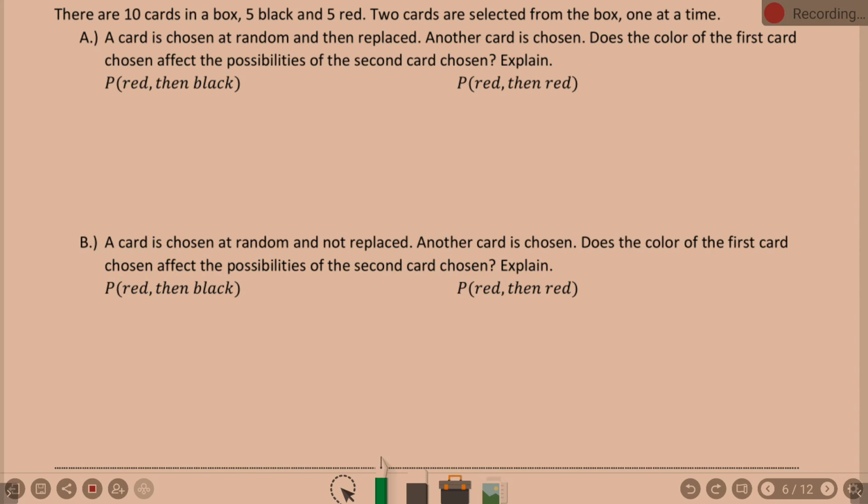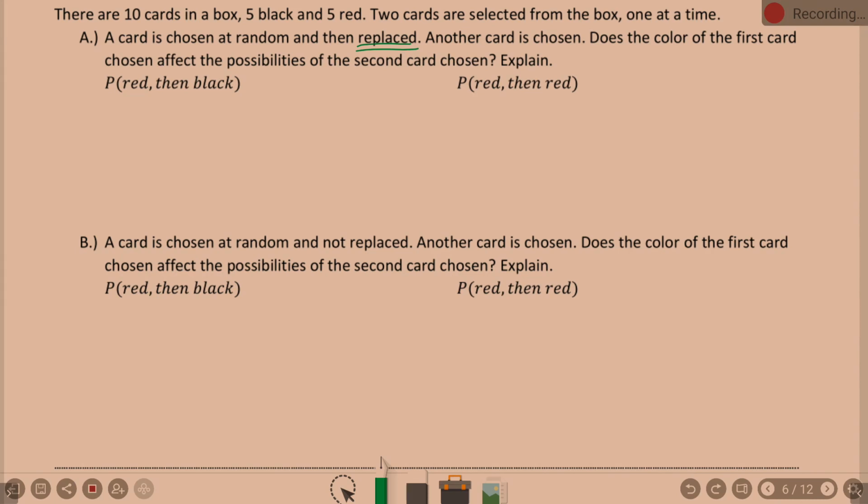Does the first card affect the second card? Yes. Gets replaced. No. Okay, so again, it all comes back to reading, doesn't it? A card is chosen at random and then replaced. So that means when you go to draw your second card, all the cards are there, yes? So is that first one going to affect the second one?